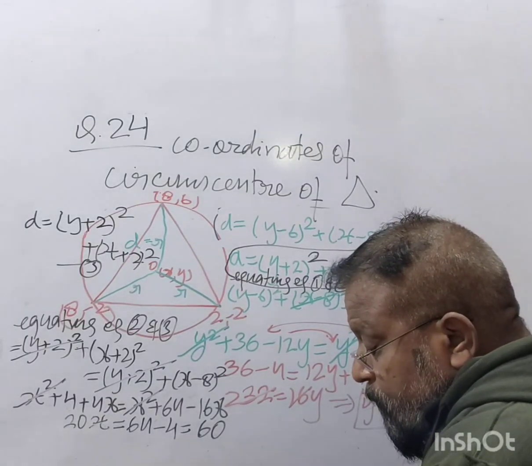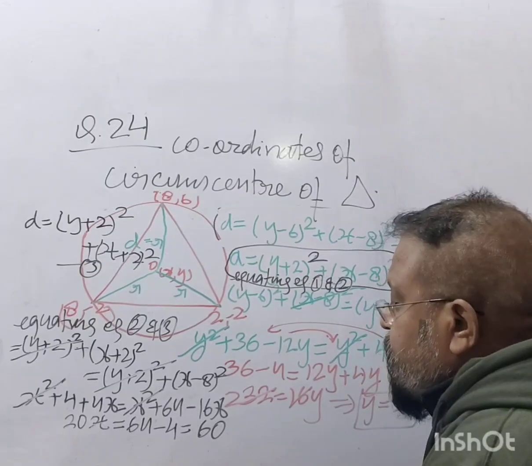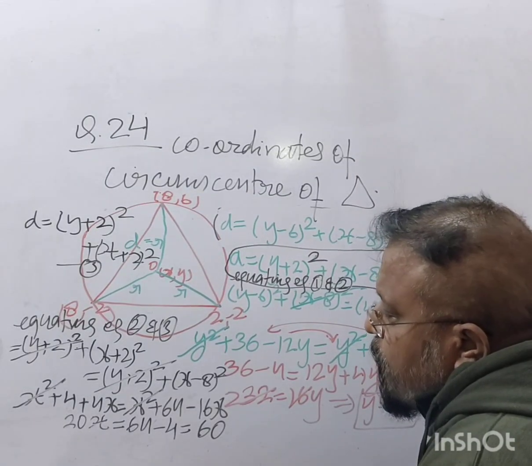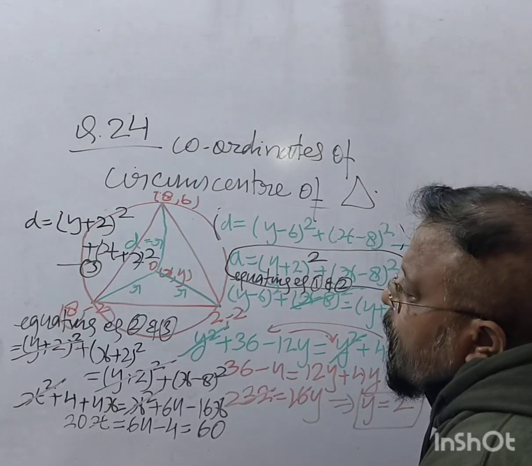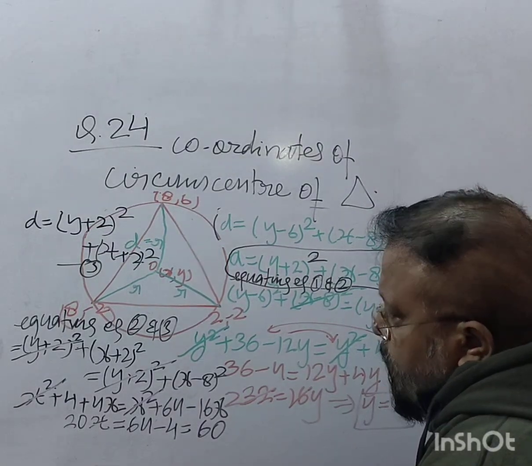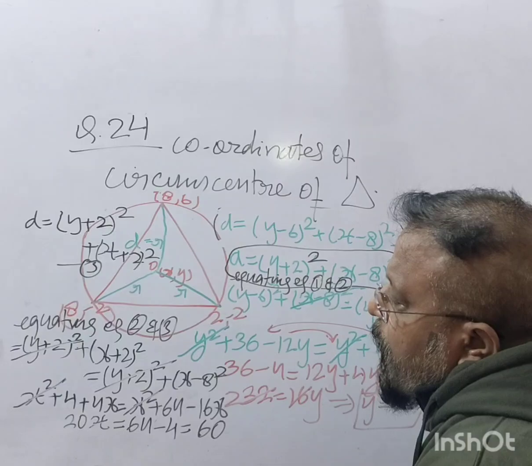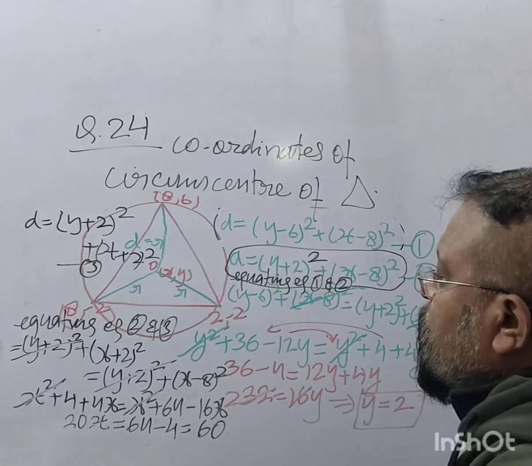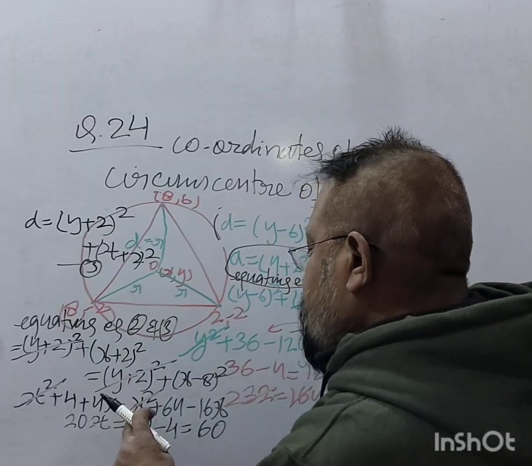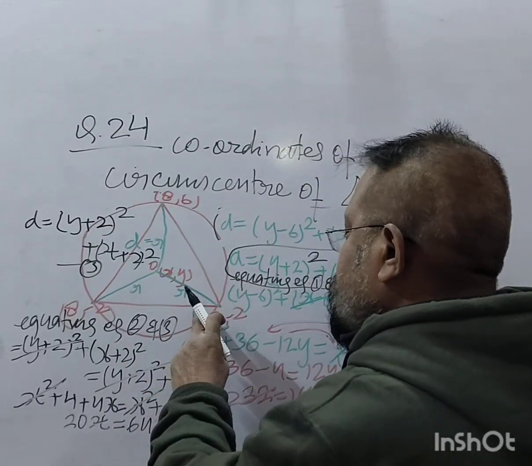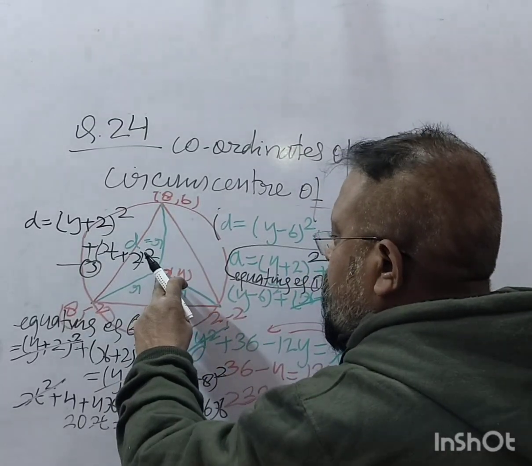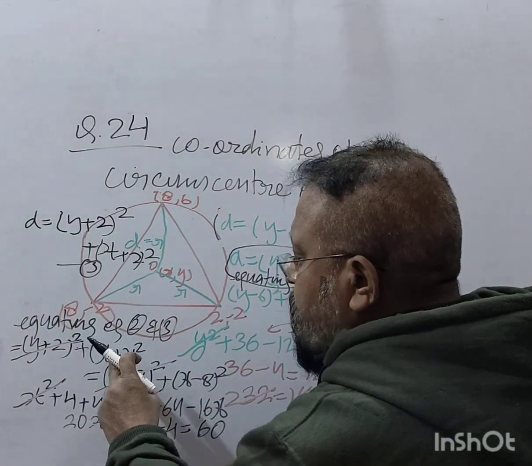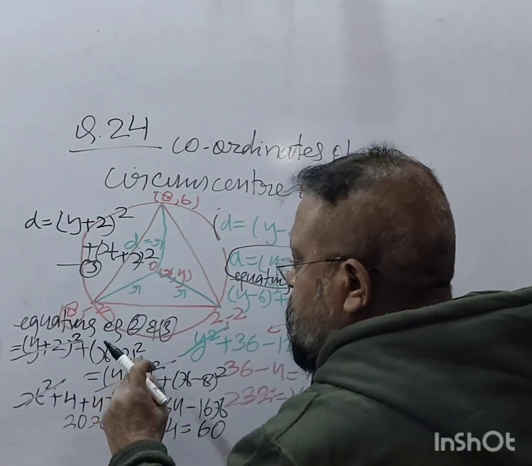Yes, sir. But in your book the answer is coming 5, 2. So there I made a mistake. It should be y plus 2 whole square, and this will be x minus 2 whole square.